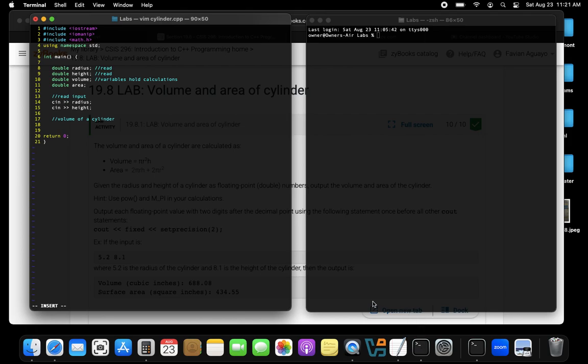So we've already named our variable volume, so we're going to use that. And then here's pi. See how it changes color? I'll explain that. Pi times radius squared times height.